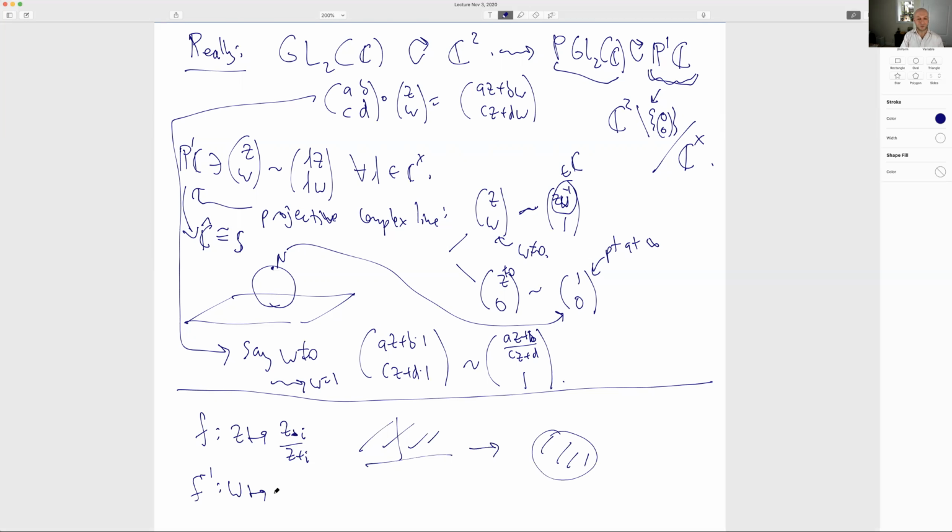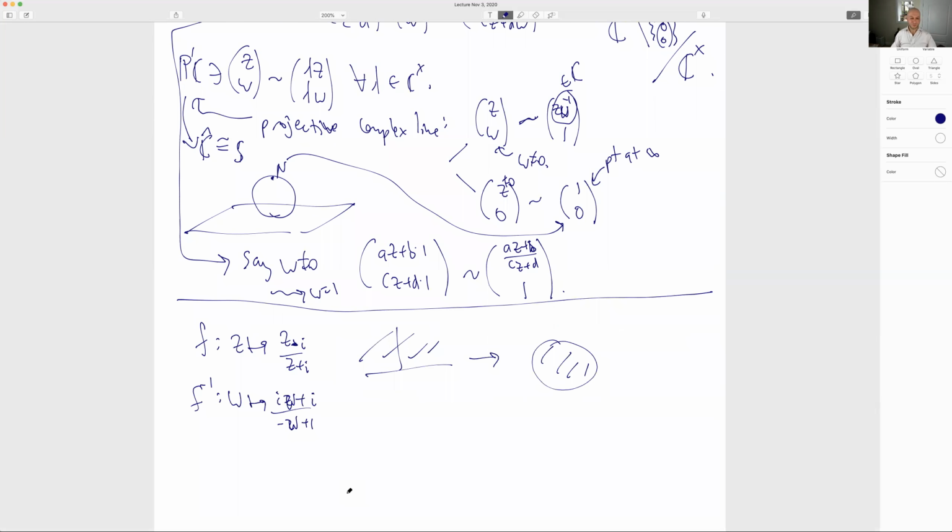You flip the diagonals, you negate the off diagonals: IZ plus I over negative W plus 1. Let me leave it as an exercise that if W has absolute value less than 1, then this thing has imaginary part bigger than 0. That's a fun little exercise.